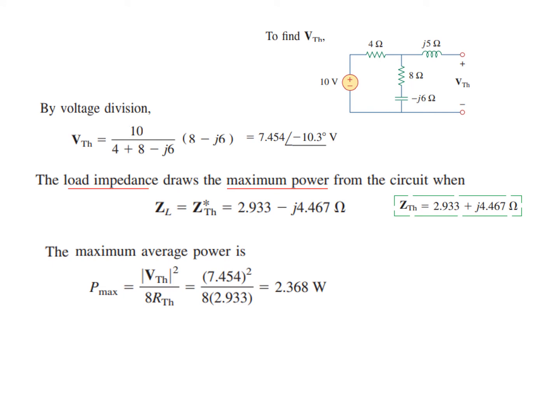And now that we have found ZL, we need to find the maximum power, so just plugging in the values: the magnitude of V Thevenin squared over 8 R Thevenin. You can see from here, this is R Thevenin. So the P max is 2.368 watt.